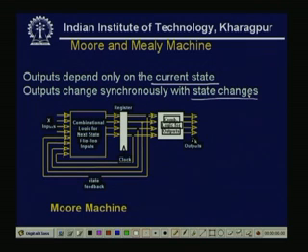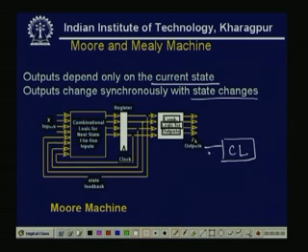So, already we have seen that this is a combination circuit. Here for the machine there was some memory, but here it does not depend on the previous state, so it is the current state.